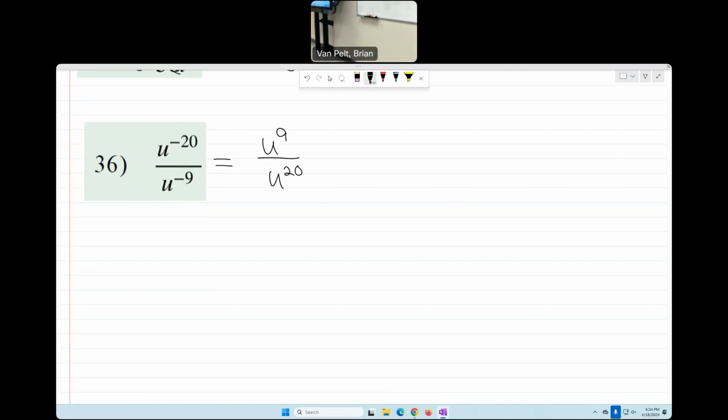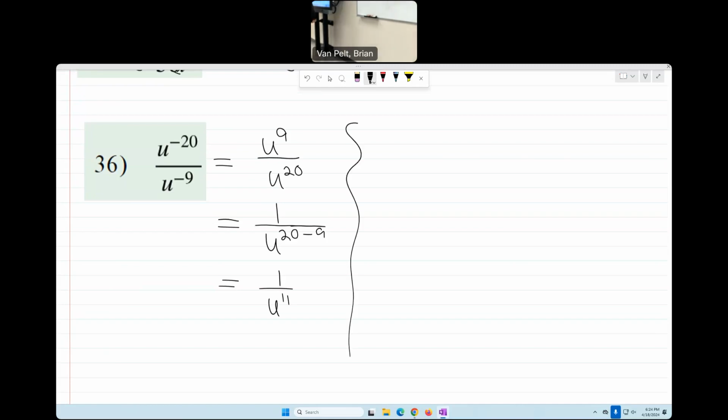You simply switch the positions on everything. And now you can use the rule that I've been using: 1 over u to the 20 minus 9, since the larger exponent was in the denominator. So we end up with 1 over u to the 11.